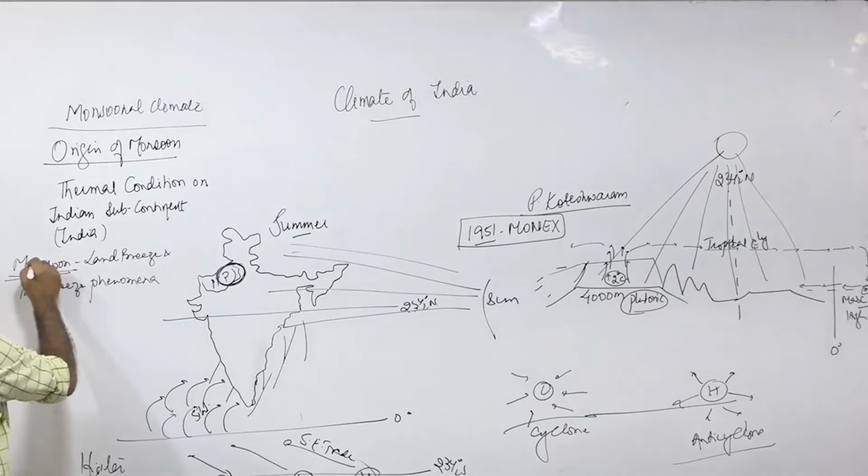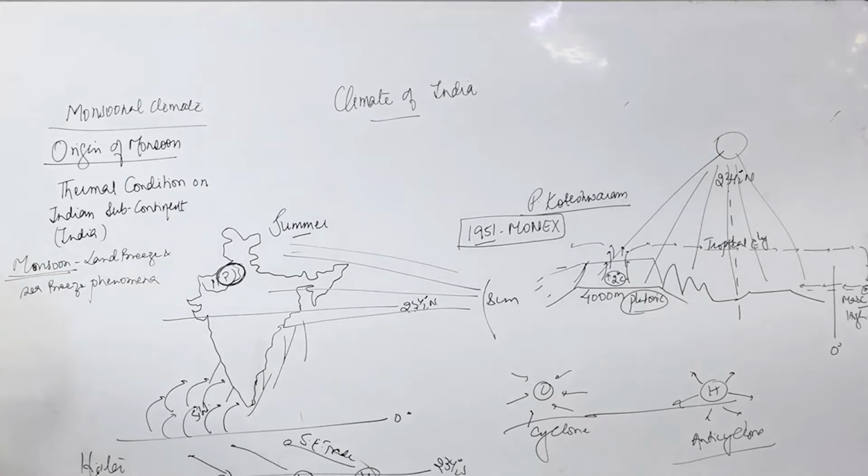Monsoon is a land breeze and sea breeze phenomenon, right? कैसे हो गया? See, what is a land breeze? What is a sea breeze? Wind coming from the sea to land. This wind is coming from the sea to land.